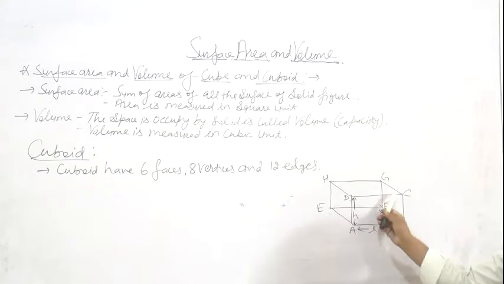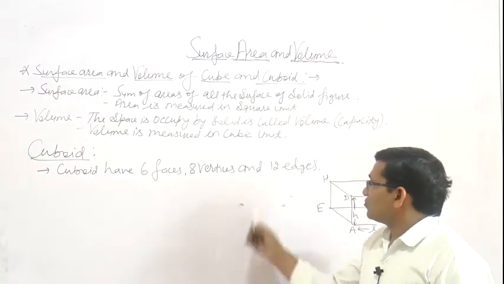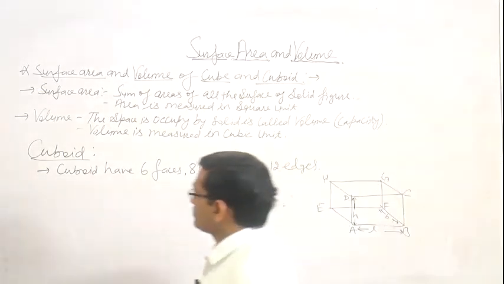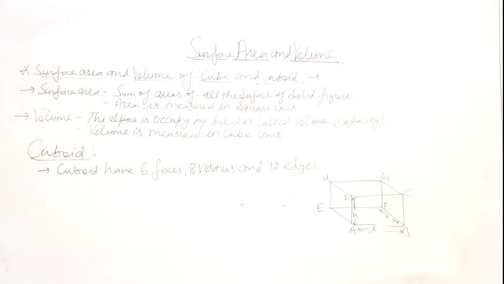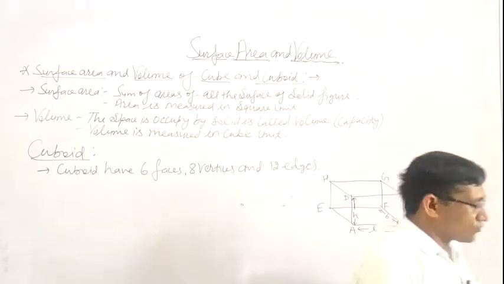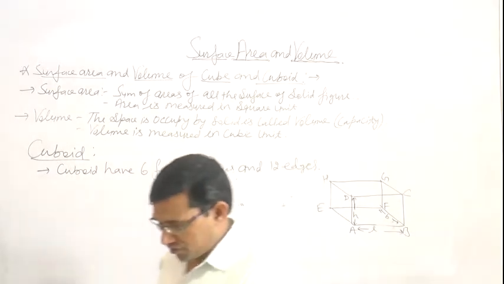So a cuboid has 12 edges. First we write face area of cuboid.